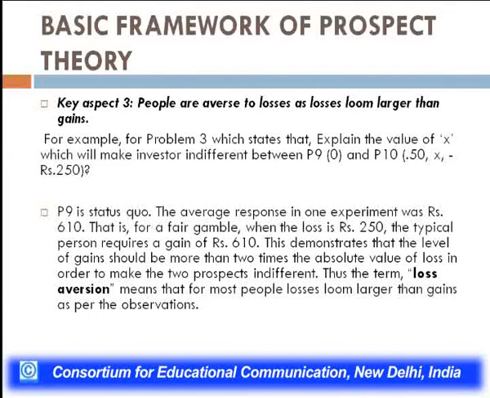That is, for a fair gamble where there is a 50% chance of a loss of 250, a person requires a gain of 610. This demonstrates that the level of gain should be more than 2 times the absolute value of the loss in order to make the two prospects indifferent. Thus, the term loss aversion means that for most people, losses loom larger than gains, as per the observations.